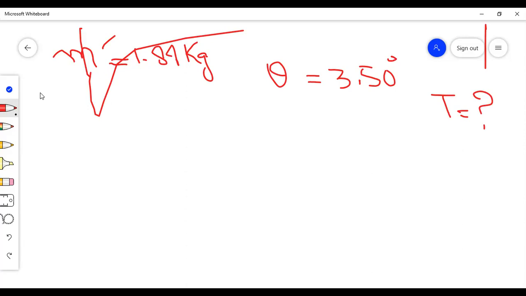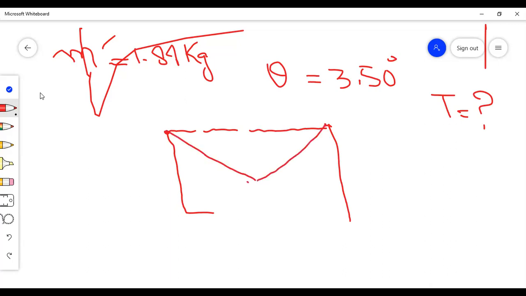Now look at this. First of all, I will draw the diagram. Let's suppose these are the two points and this bag is suspended with this rope or string.